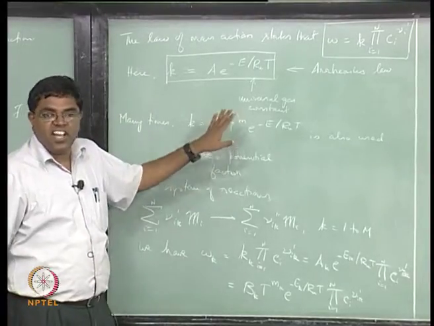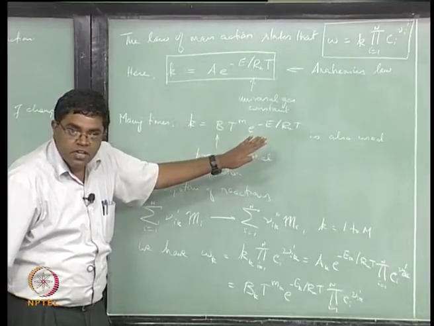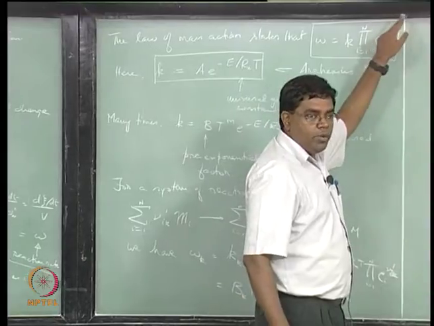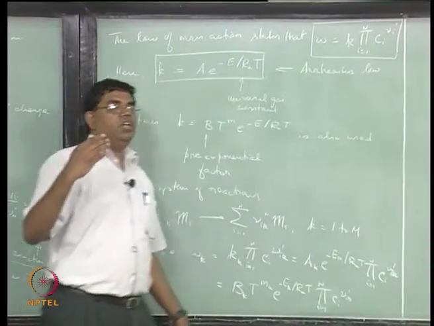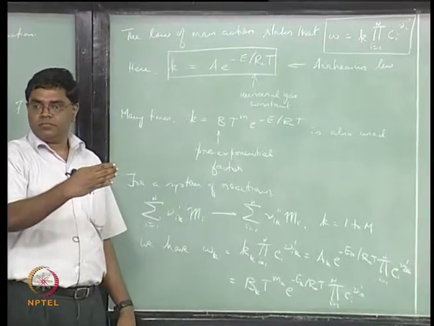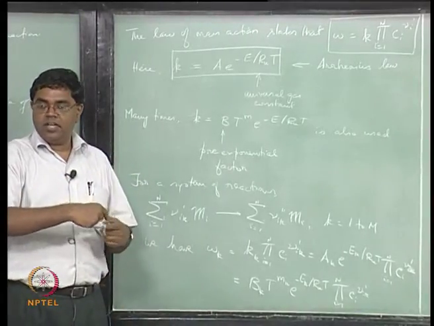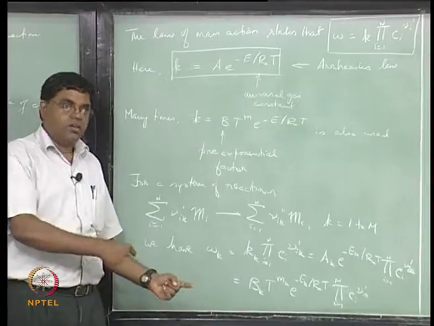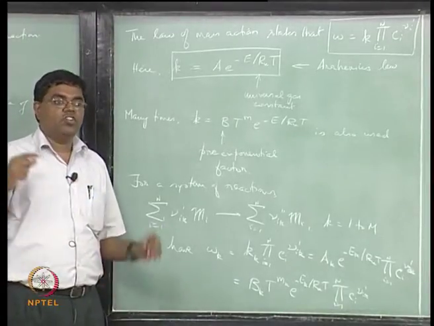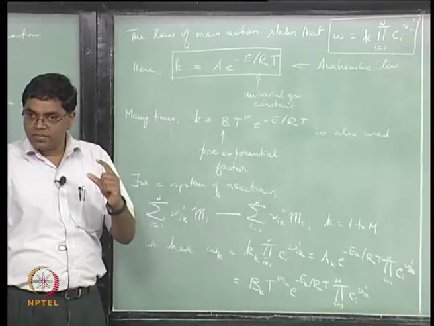Okay, so for a given reaction you need to be given B, m and E. These are what's called the kinetic parameters, okay, and the information on nu_i single prime and nu_i double prime is essentially giving you what the reaction is, okay. It's the capital N, and what the script M_i's are, the nu_i single prime and nu_i double prime is what's going to give you what the reaction is.